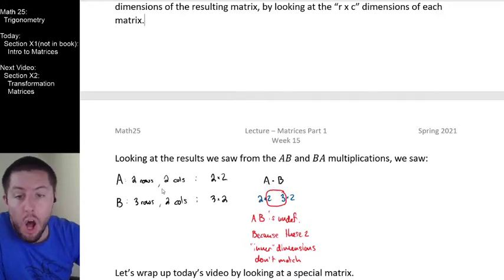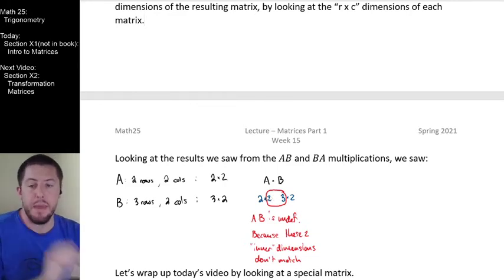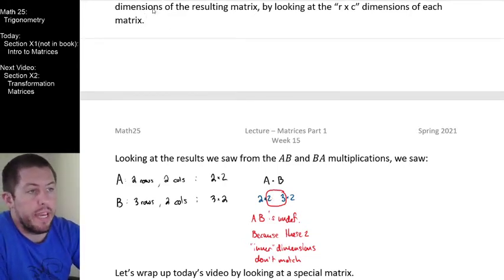Remember also that we always write rows first, then columns second when we're indicating the dimension of the matrix. So when you write the dimensions of the first matrix times the dimensions of the second matrix, if these two inner ones don't match each other, it's undefined and you don't even have to make any attempt at looking for that matrix multiplication.